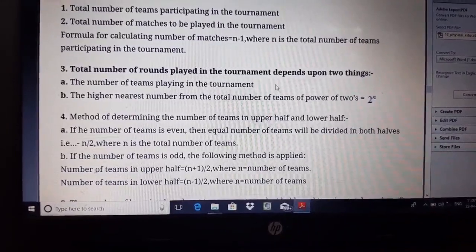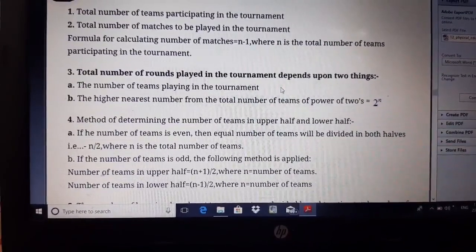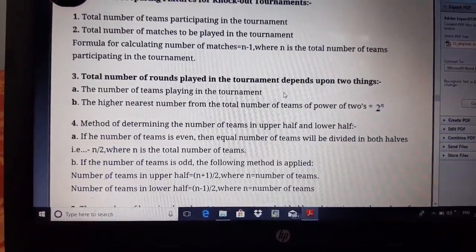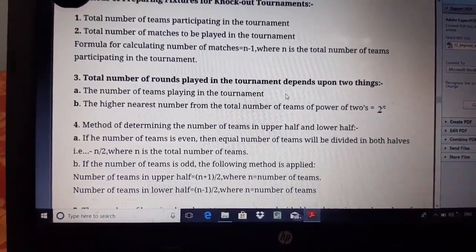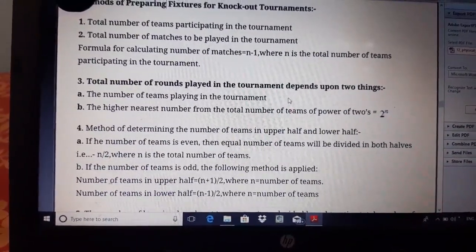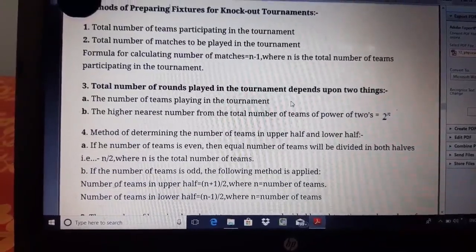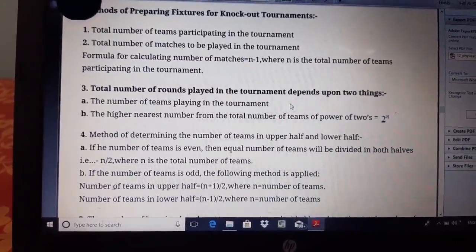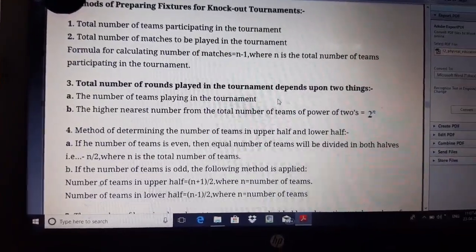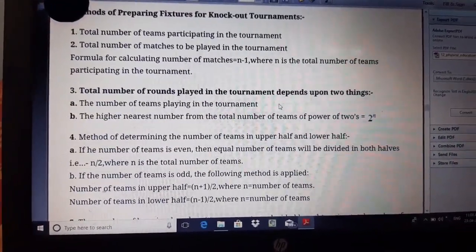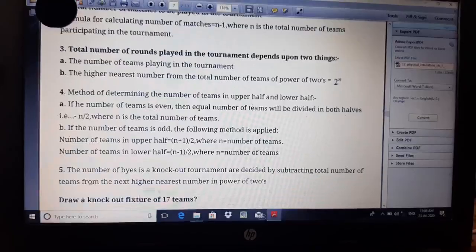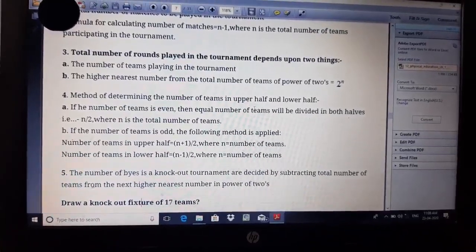So the number of teams in the upper half will be 6, and for the lower half, n minus 1 upon 2, that will give you 5. So out of 11, according to the formula, we have got our equal halves. 6 up, 5 down, no team can argue on this. This maths has been done, so no team can argue on this.